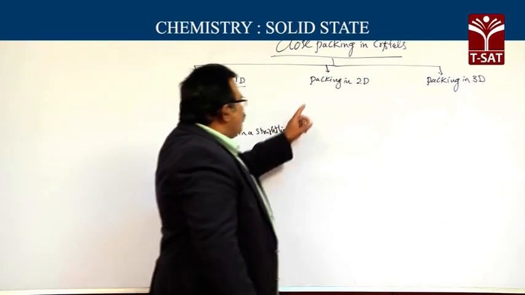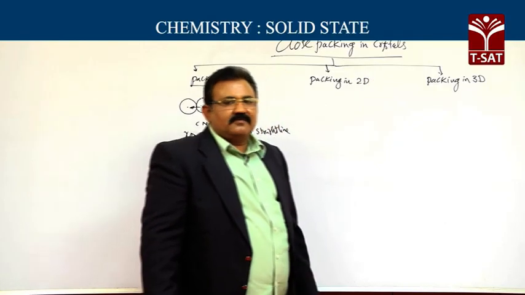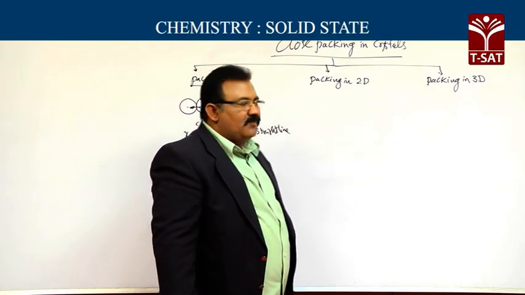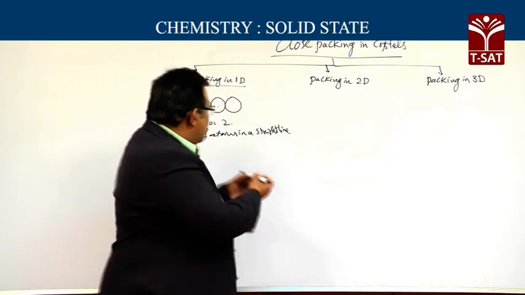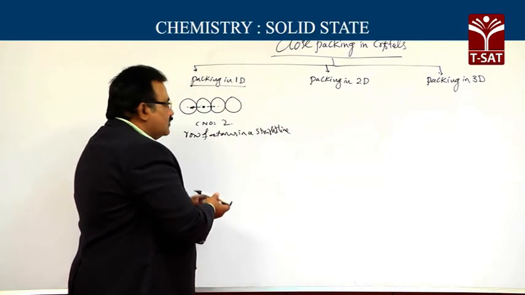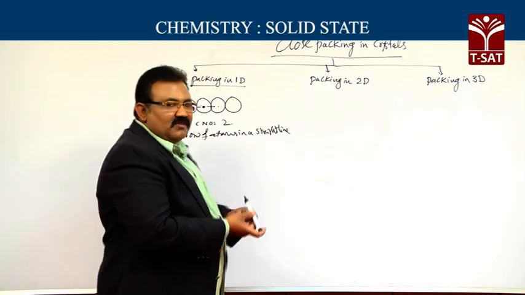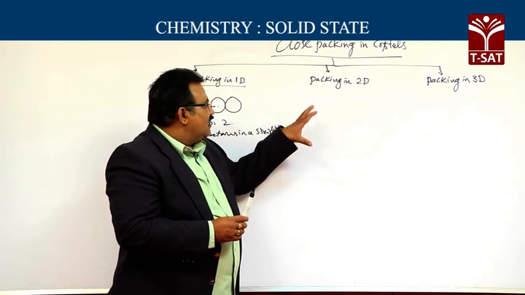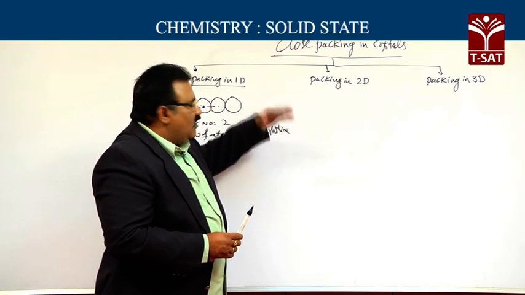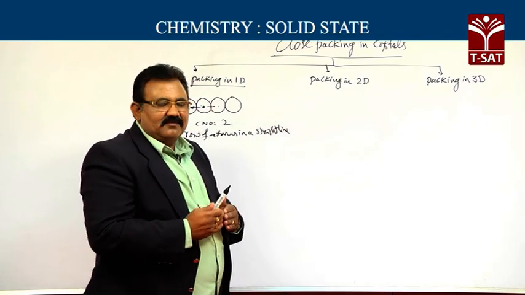When you talk about packing in 2 dimensions, say this is in the x direction, the same type of spheres will repeat in the y direction, then we will get a layer.